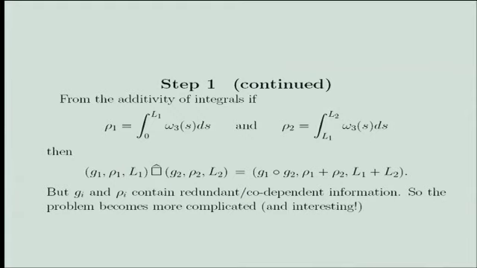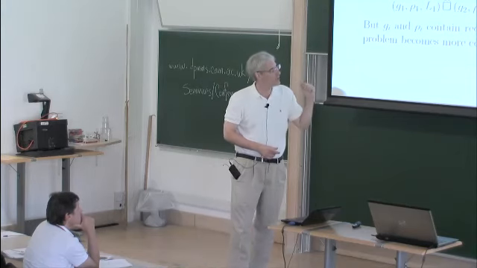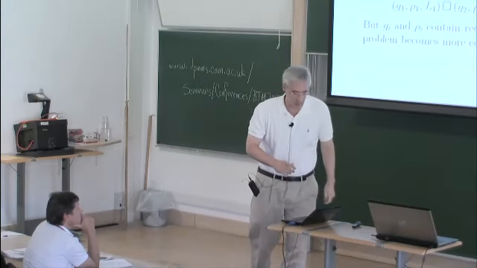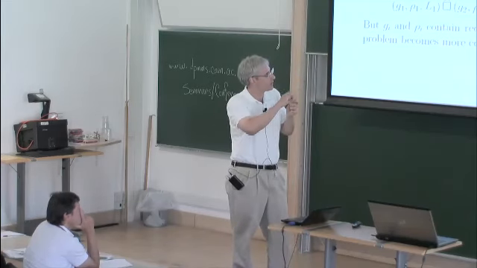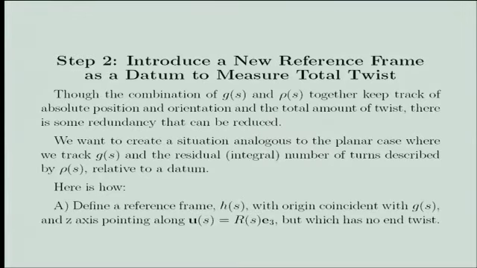But the thing is that the twist has information in it which is contained in the g's as well. So this is redundant. How do you remove the redundant information? That's why we have a minimally twisting set of reference frames from which we can look at a difference. We can use that as a datum.